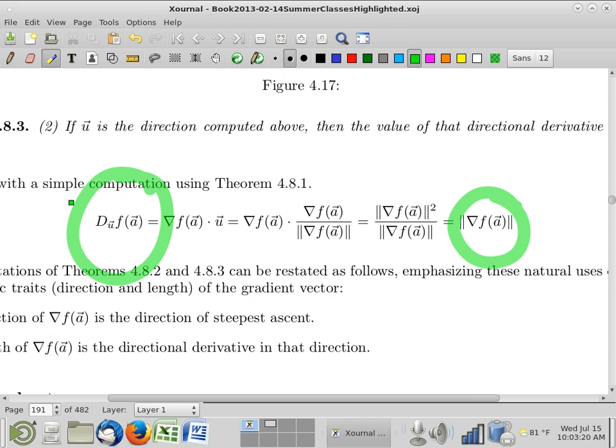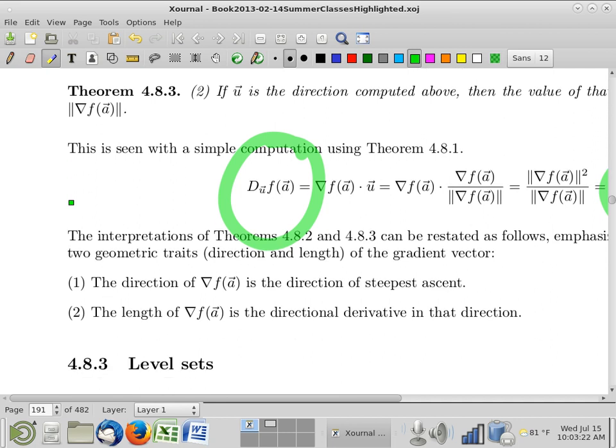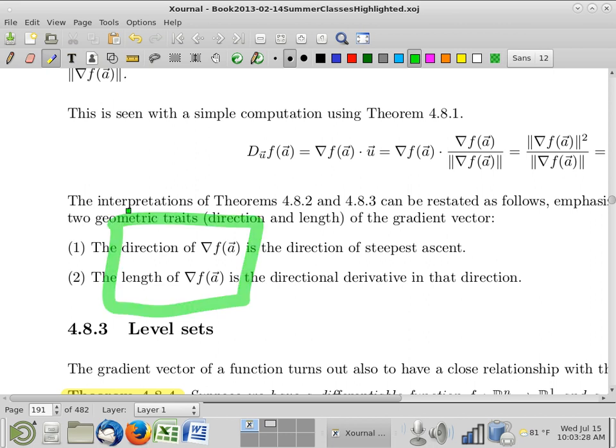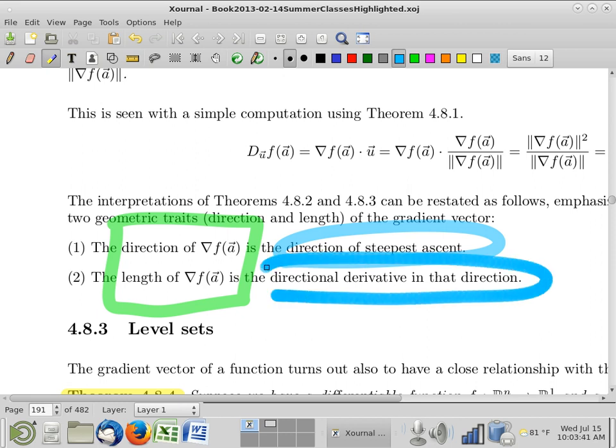I think it's really nice how these turn out so conveniently. Both of the geometric traits of the gradient vector are geometrically natural. The direction of the gradient vector is the direction of steepest ascent. The magnitude of the gradient vector is the rate of change in that direction.